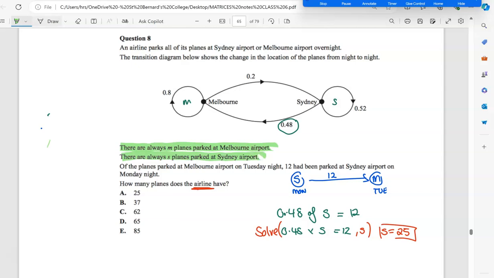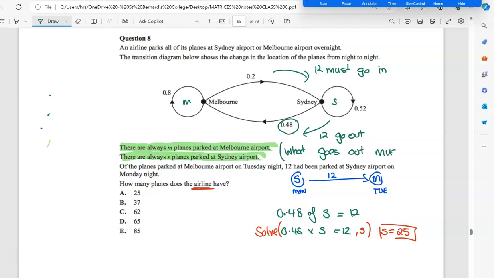So what happens if 12 go out? If 12 go out, and they always have the same, that means 12 must come in. Okay? If they say they're always the same, what goes out must come in.